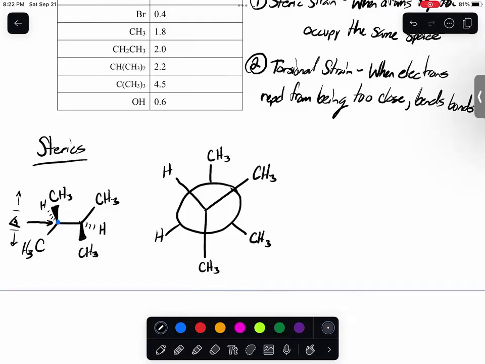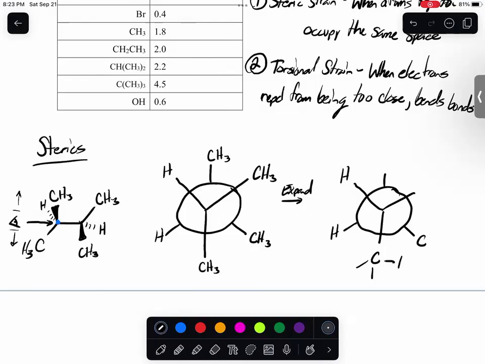If we were to expand those, what we would see is essentially now, whenever we draw out these carbons, they each have three hydrogens hanging off of them. And what you'll find is it's pretty hard to draw these without having atoms in the same place.